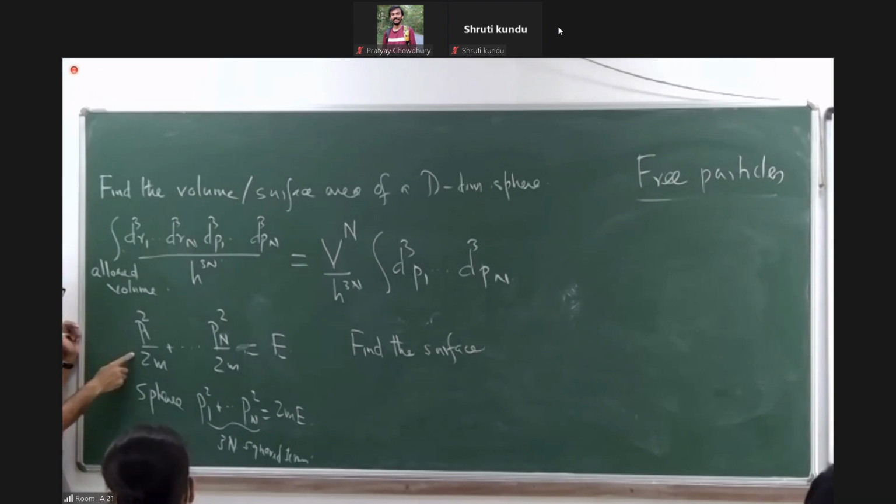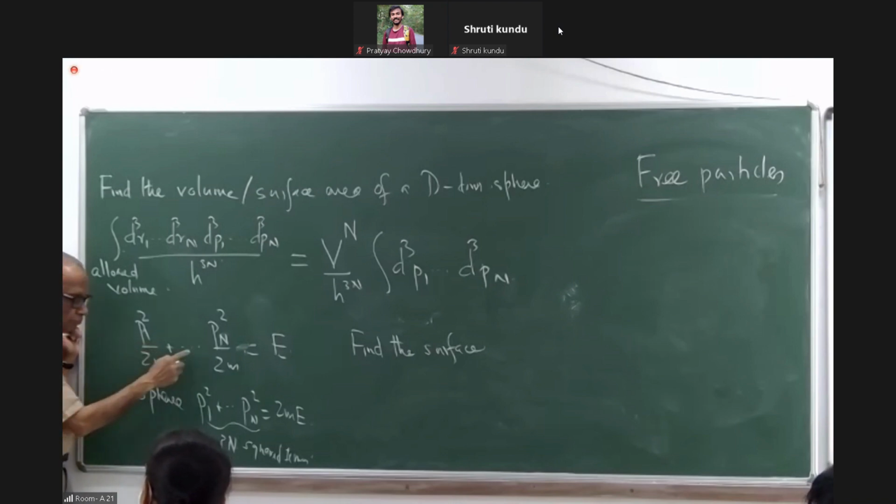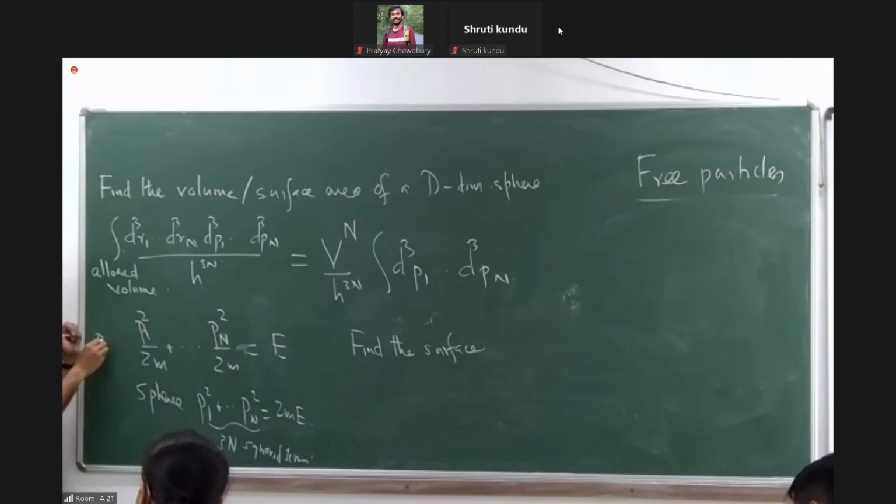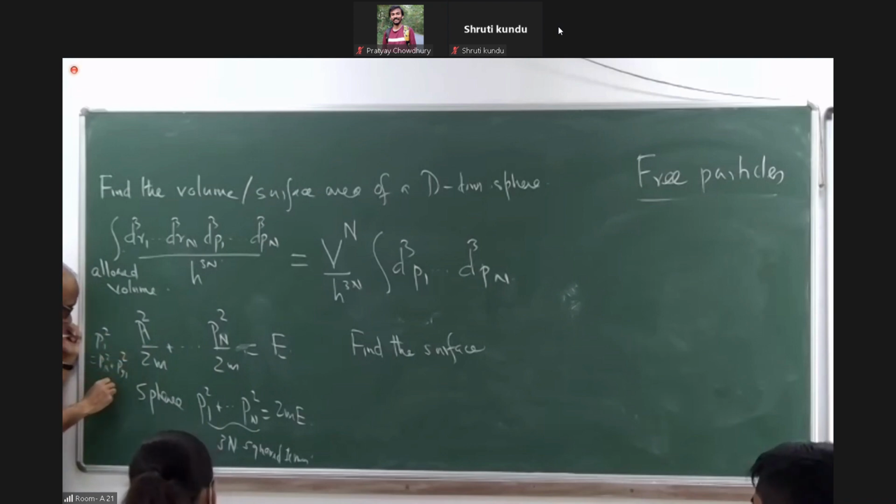It's free particles. Therefore, if the total energy is fixed, then P1, P2 to Pn, these are the vector p's for each particle. They satisfy this relation, and each P1 square is Px1 square plus Py1 square plus Pz1 square.